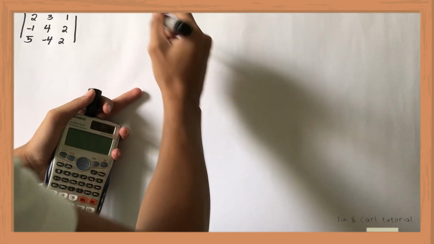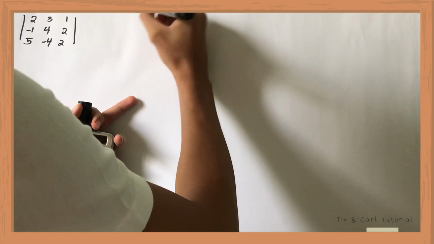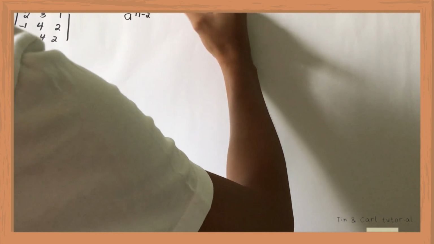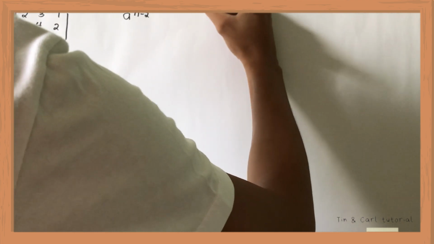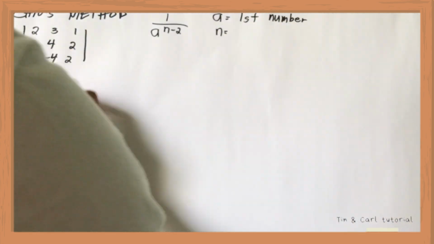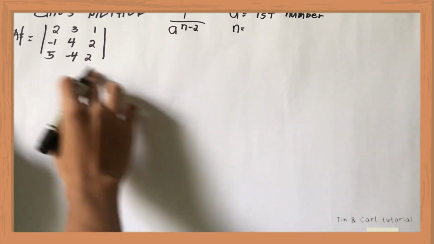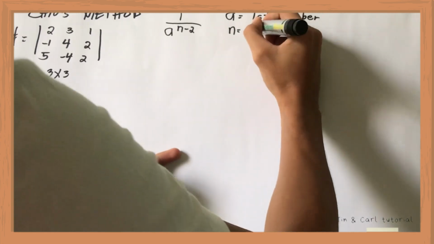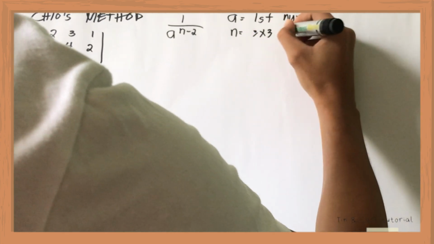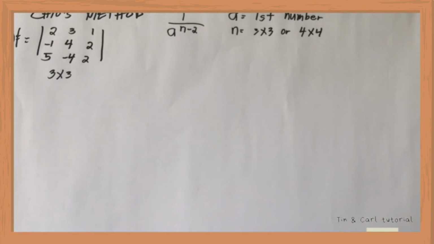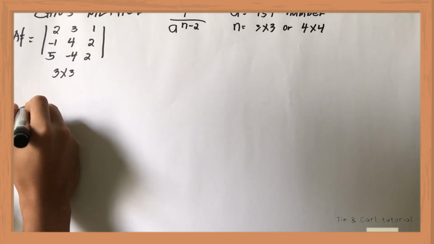Magagamit natin yung formula na 1 over 2a raised to n minus 2, which is yung a ay yung first number, while yung n naman ay kung anong matrix yung ginagamit. So, yung matrix na gagamitin natin dito ay ang 3x3 matrix or 4x4. So, let's solve na.